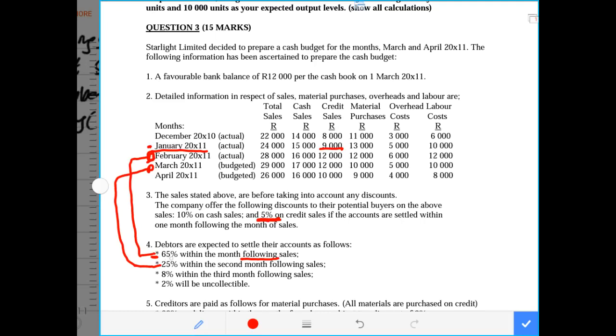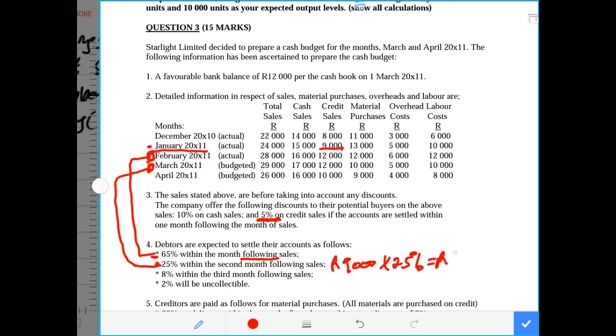And are we doing a budget for March? Yes, we are. That means out of the sales of 9,000, 25% will be collected in the month of March. Therefore, that will be cash expected to be received in March. So we say 9,000 multiplied by 25%.